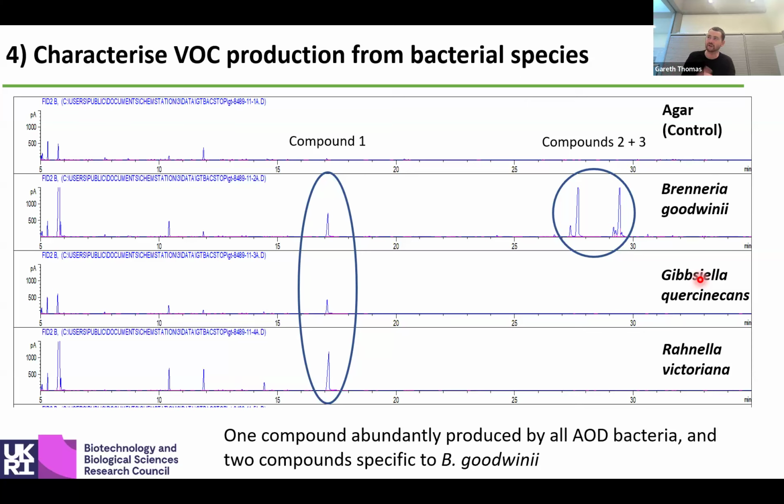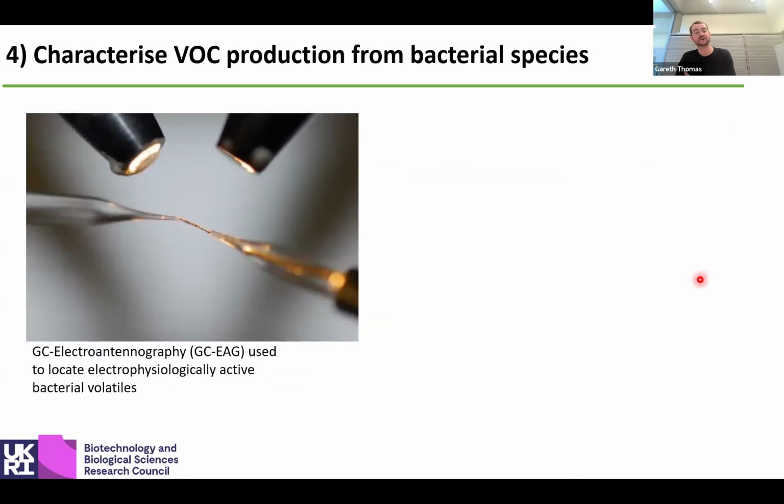So all we now know is that the volatiles produced by acute oak decline bacteria seem to be attracting the beetle, and that the bacteria are producing volatiles. The next thing we need to do is link these 2 behavioural and chemistry techniques together to see which compounds are involved in the behaviour. In order to do this, we use a technique called gas chromatography electroantennography, which is a bit of a mouthful, but I'm going to break it down so it's easier to understand.